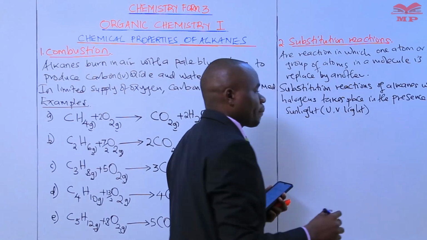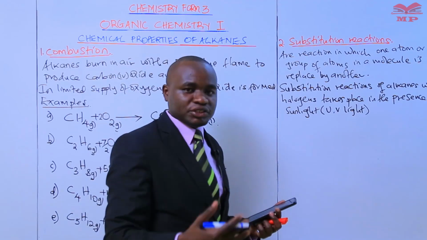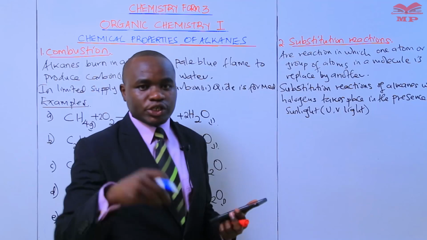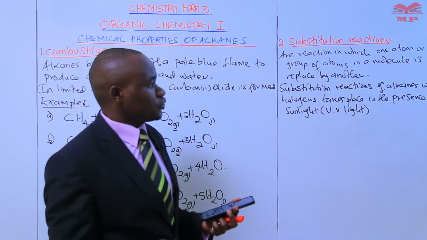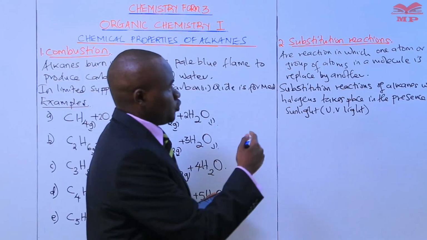And we have said the main use of the UV light is to break down the molecule. Remember, halogens exist in form of molecules. So the light will break down the molecules into atoms. And those atoms are the ones which will be able to undergo substitution with alkanes.